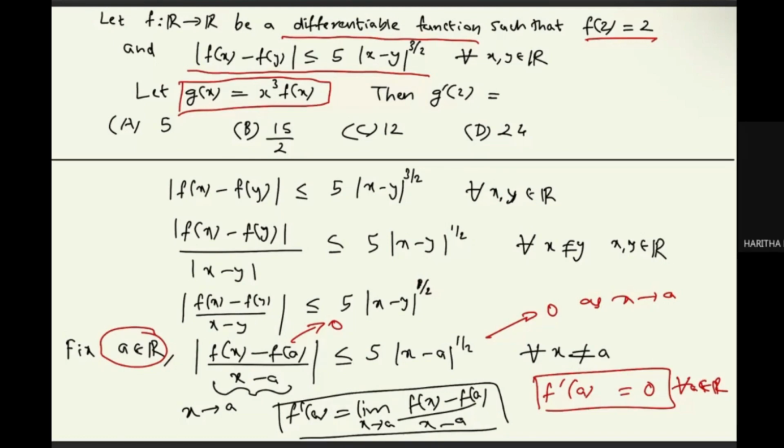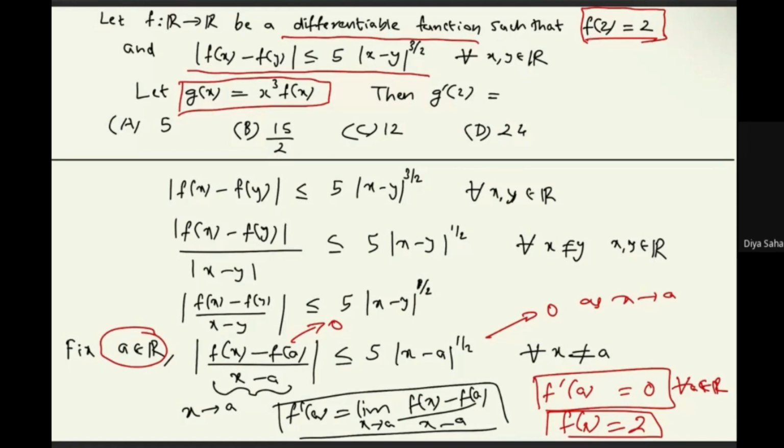So f has to be a constant. Can you tell me what that constant is in this case? It is 2, because it is given that f of 2 is 2. So our f is nothing but the constant function 2.